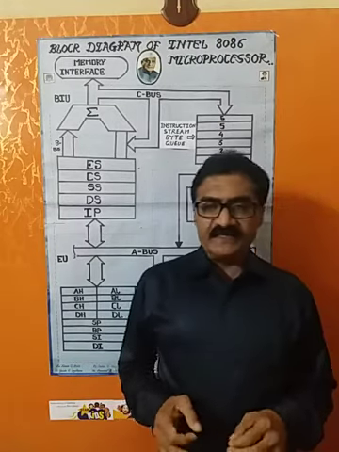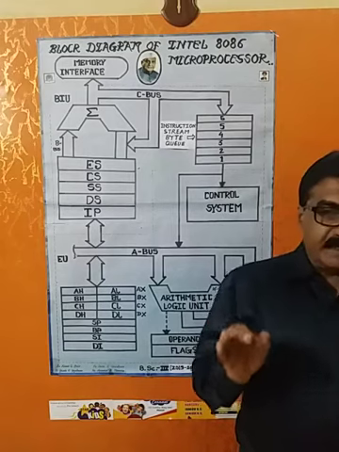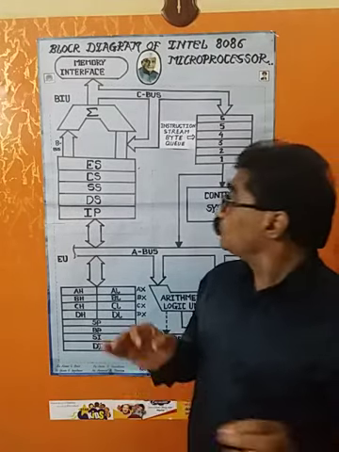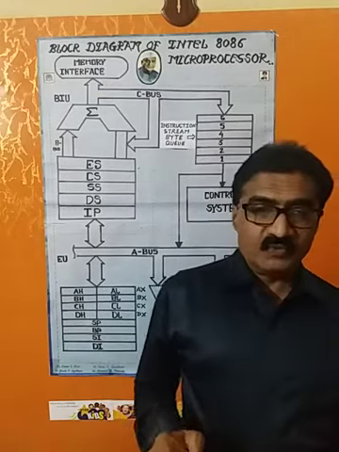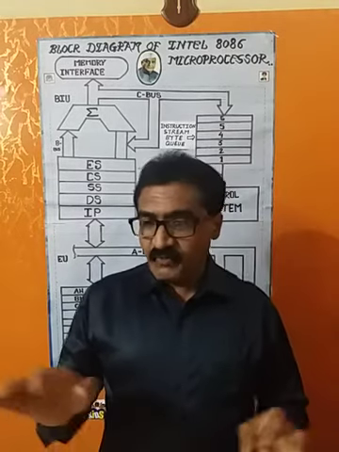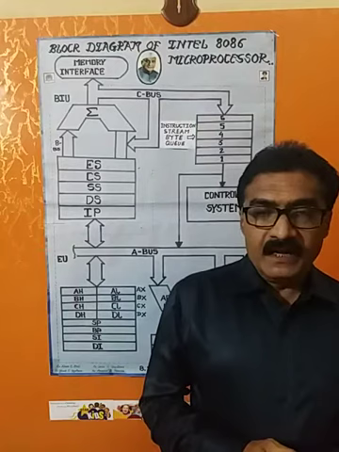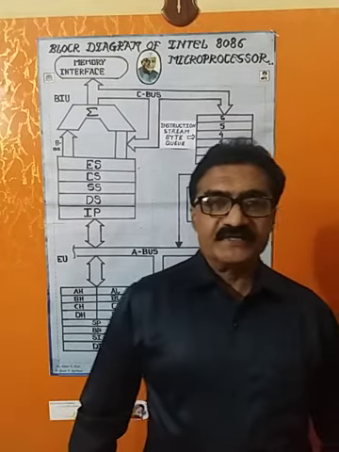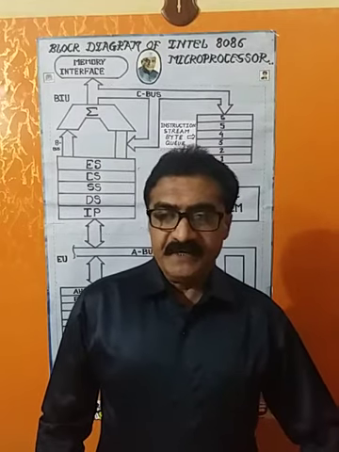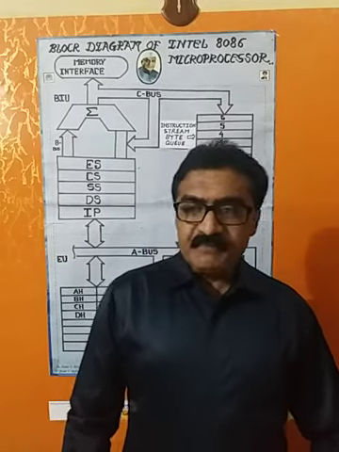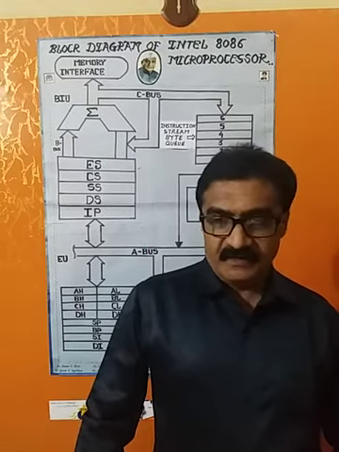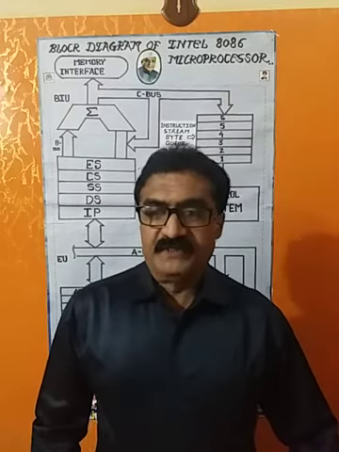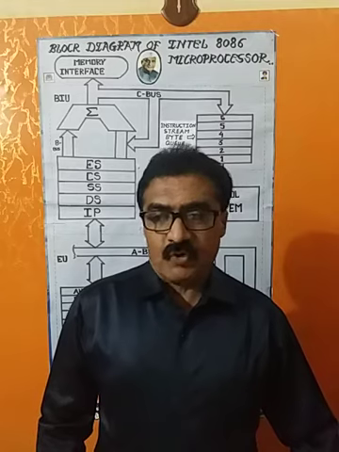The 8086 has a 20-bit address bus, so it can directly address 2 raised to the power 20, which is equal to 1 megabyte of memory. Each memory location stores 8-bit data. If 16-bit data is stored, it requires 2 memory locations and is stored in 2 consecutive memory locations.